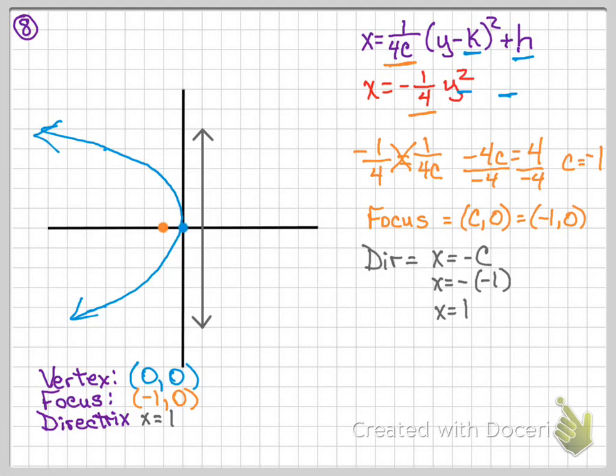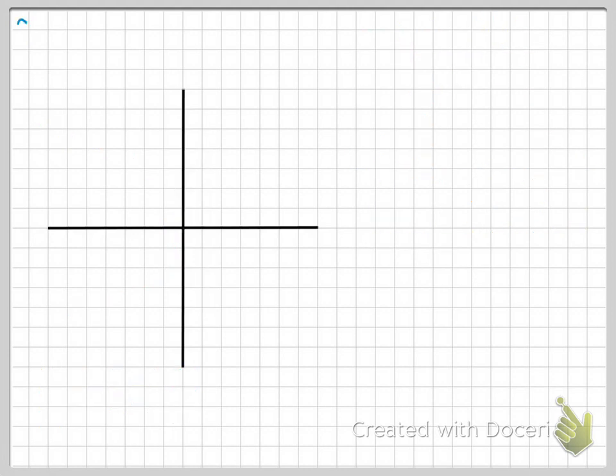Alright, do the same thing with number 9. Number 9 is a y equals, however. So we're going to use y equals 1 over 4C times (x minus h) squared plus k, looking for the vertex, focus, and directrix.